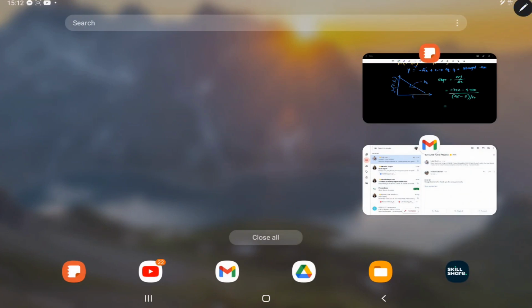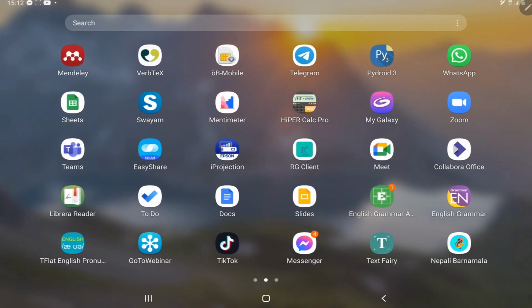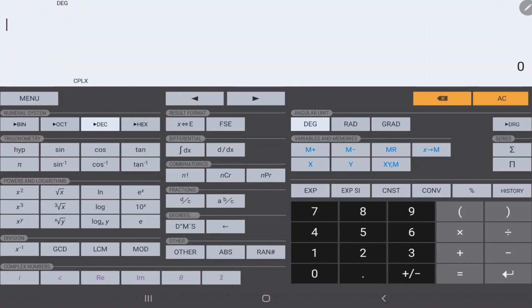Let me see, calculator. So it is 1.792 minus 4.970, divided by 45 minus 5, and multiplied by 60.